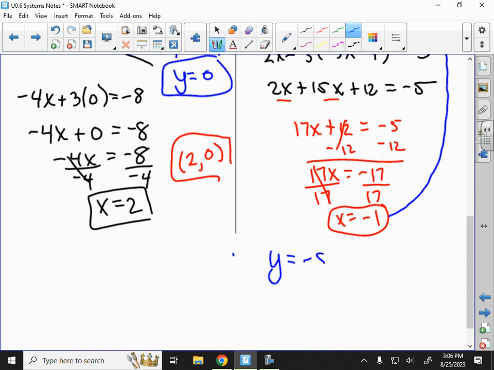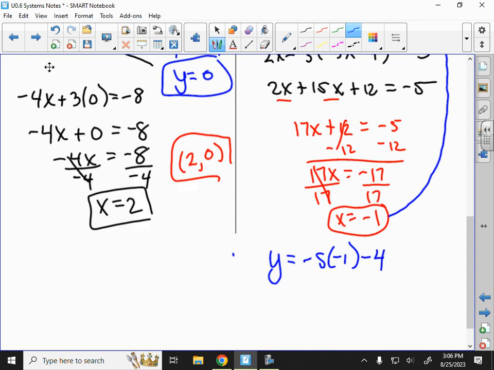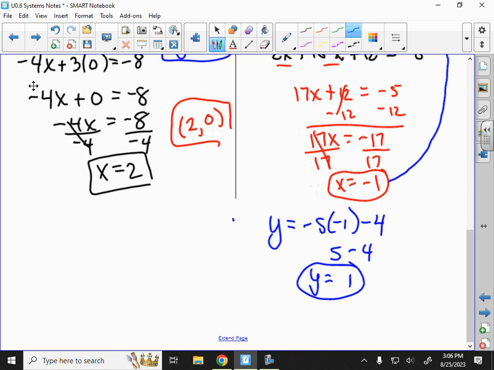So negative 5 times negative 1, and then minus 4. So y equals 1. So then our ordered pair, x is negative 1, y is positive 1. Okay, so that's the answer.